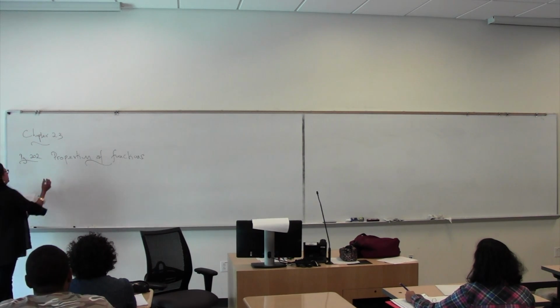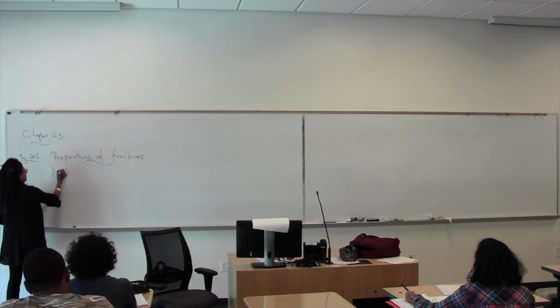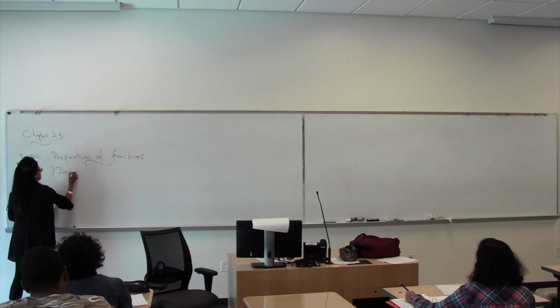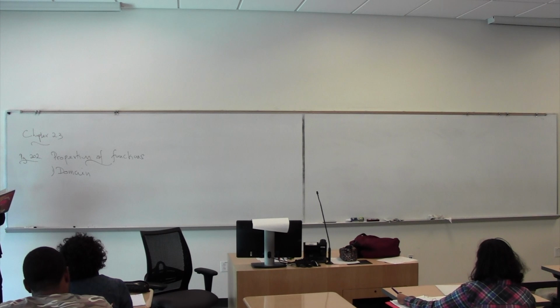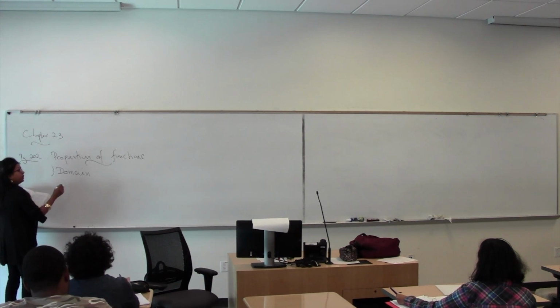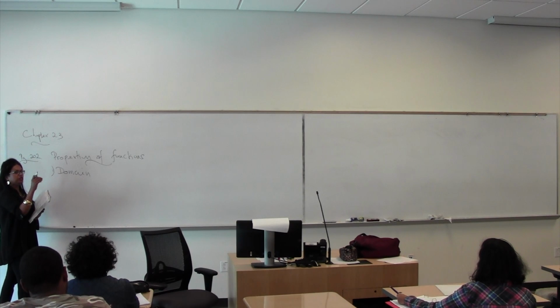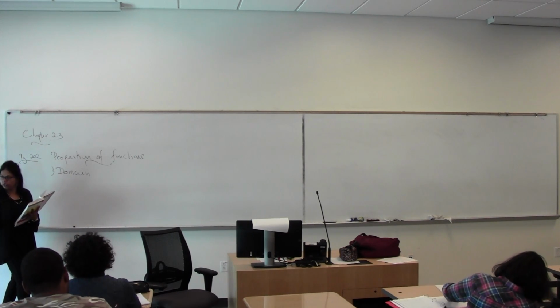So the first thing we already know is what? Domain. We have to give the domain in terms of interval notation. Very good. Or if it's only whole numbers, you can give it in set notation as well, right?